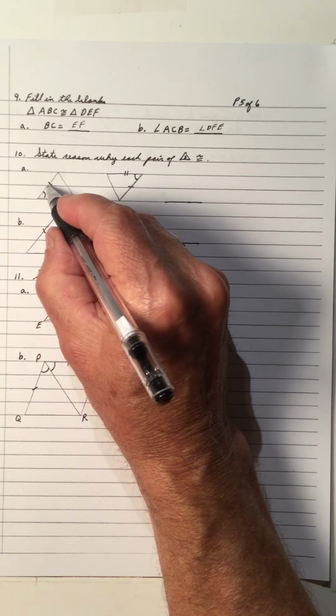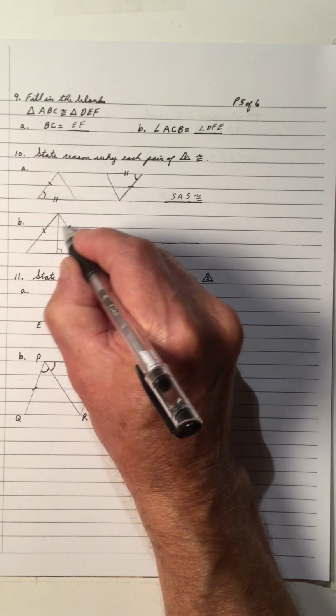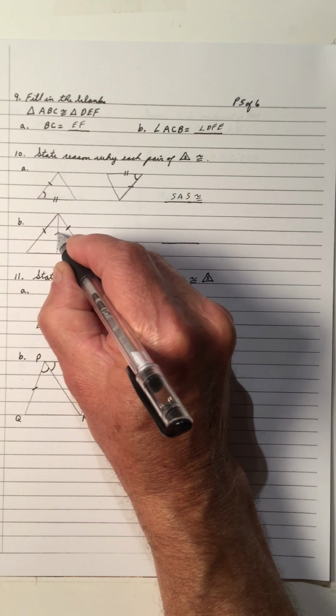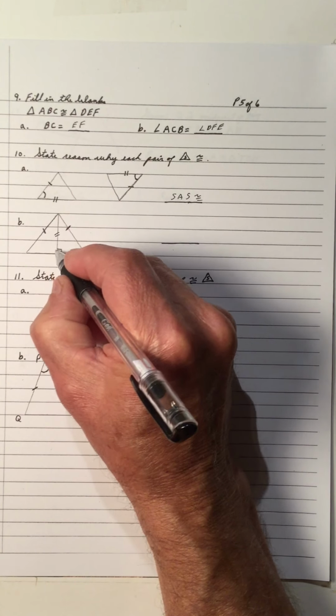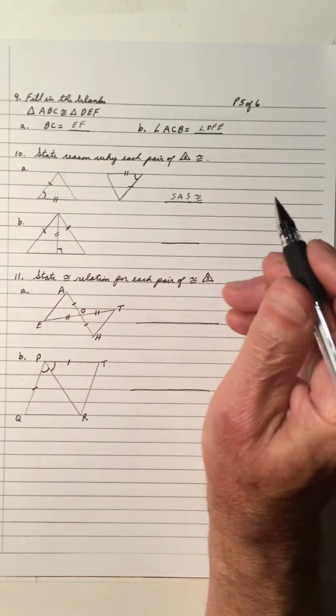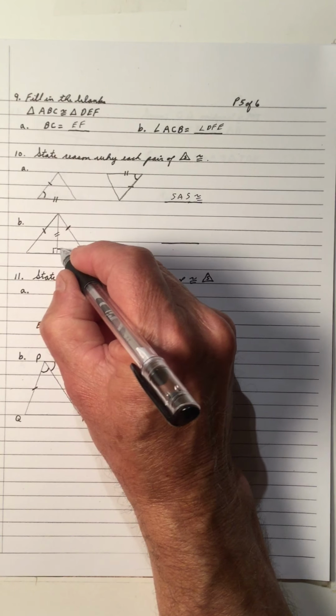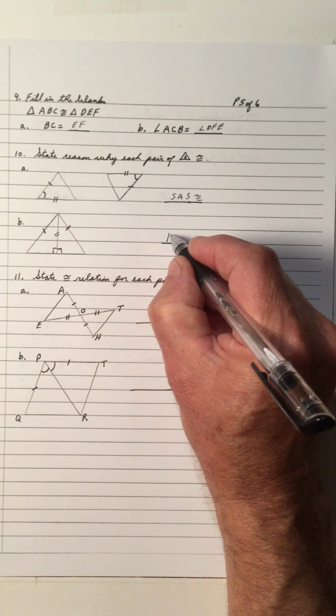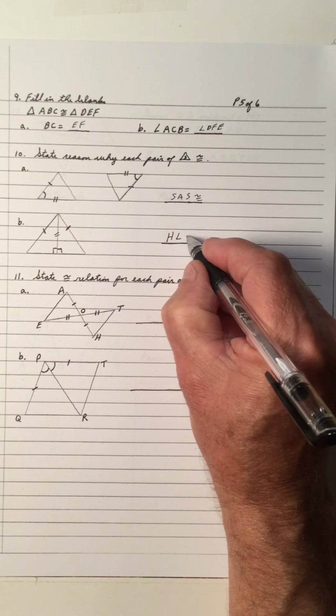And why are these triangles congruent? We have these two sides marked equal. We have a reflexive here, this common side, and we have this angle. So we could have a pair of right triangles, because these are perpendicular, so we could go hypotenuse leg congruency.